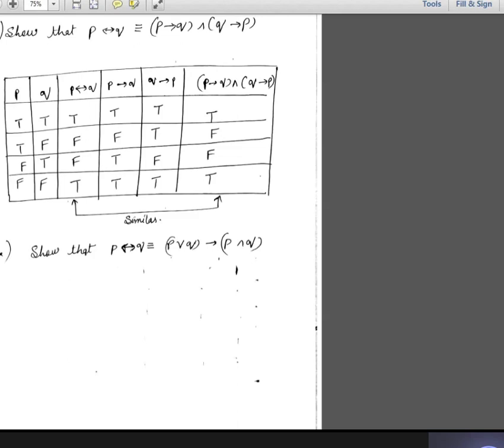Okay, so has anyone got the answer? For Kumar, you need to prove that LHS is equal to RHS. And what is the answer? The answer is TFFT.